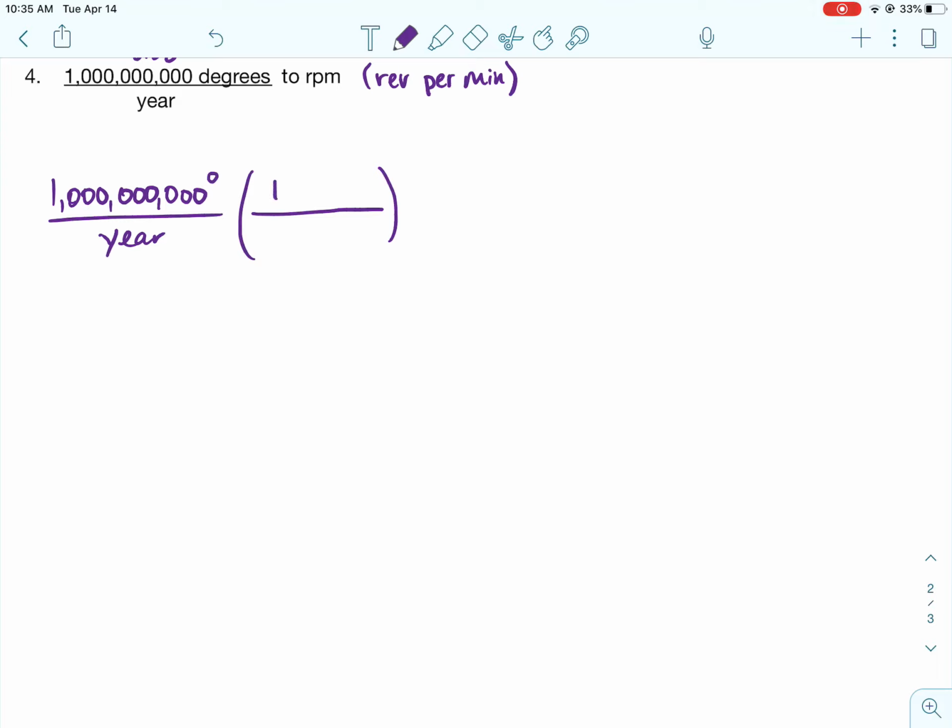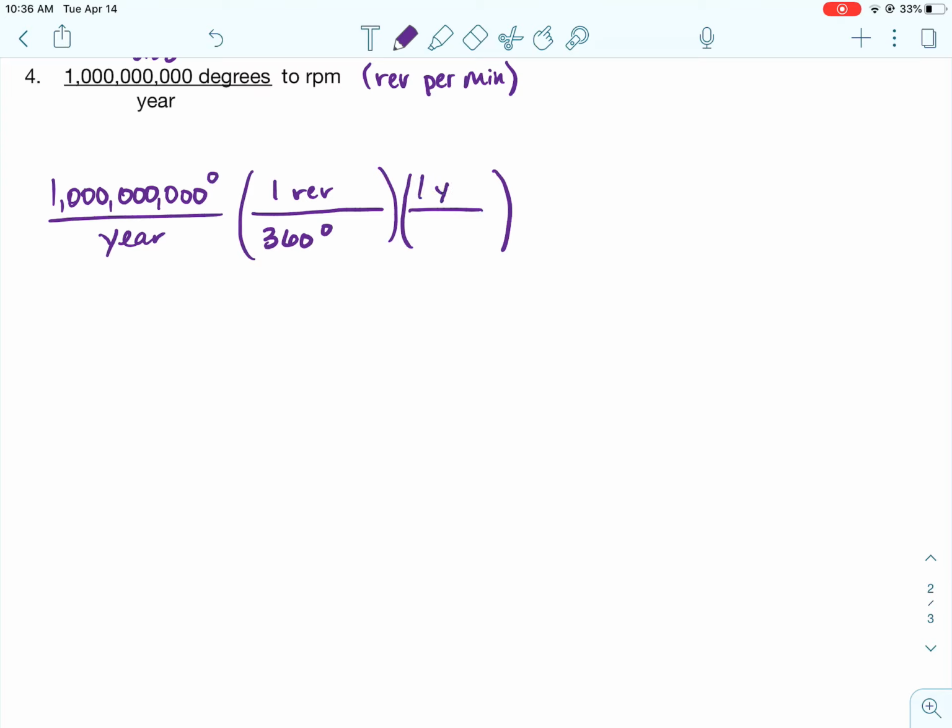So I want to change degrees to revolutions. So I want to cancel degrees. So I'm definitely going to put degrees in the denominator. I want to become revolutions. So I'm going to put revolutions in the numerator. And then I think you guys are pretty good at knowing that there's 360 degrees in one revolution.